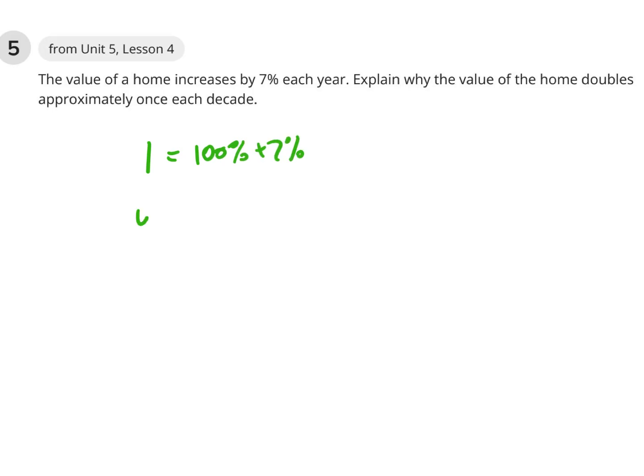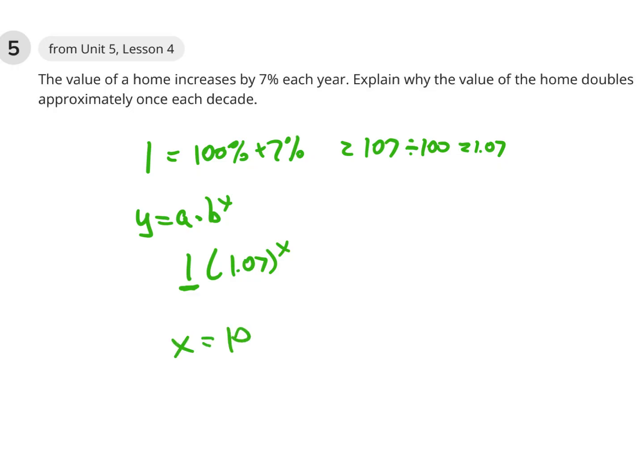So y equals A times B to the x, 107 divided by 100 gives us 1.07, 1.07 to the x. Now this is each year. Now all we got to do is put this into the calculator. You don't need to put this 1 in. Just put 1.07 to the x. When x equals 10, what is y?